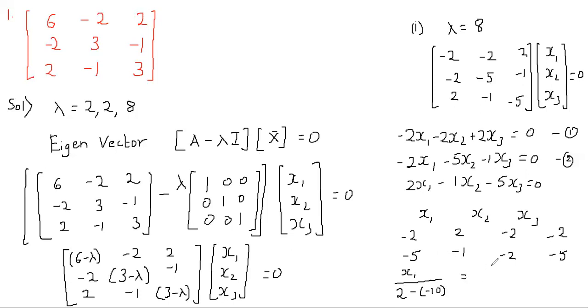Next, x2 by minus 2 into minus 2 will be minus 4, minus of minus into minus will become plus, that is 2. And the third, x3 by minus 2 into minus 5 will become plus 10, and minus of 2 2s are 4. So this one will be x1 by 12, x2 by minus 6, x3 by 6.